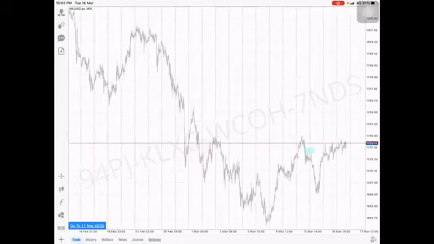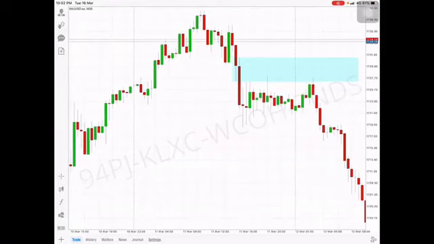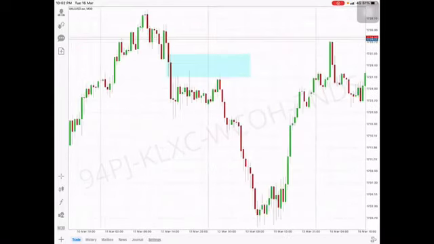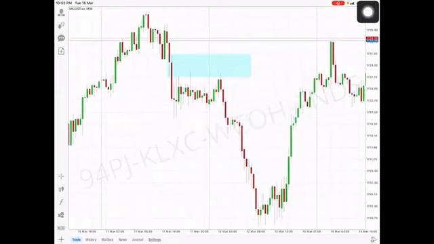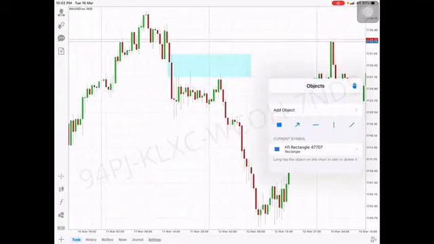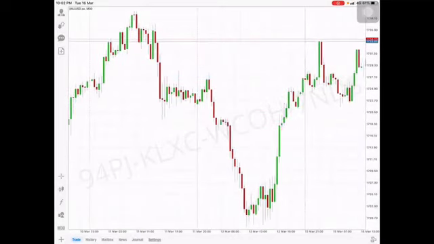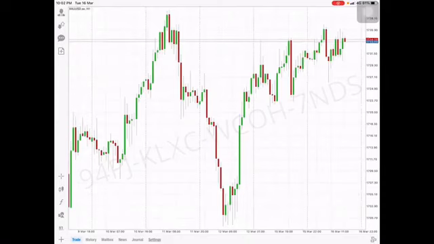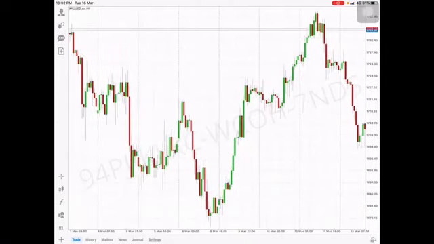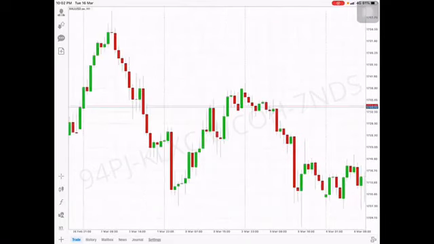Oh no, this is not valid as well. We can't use this one too. DOM is a very strong one, so it's very hard to find. But don't worry, I'm going to try to find an example for you. My iPad didn't work just now. Let me try to find one for you.